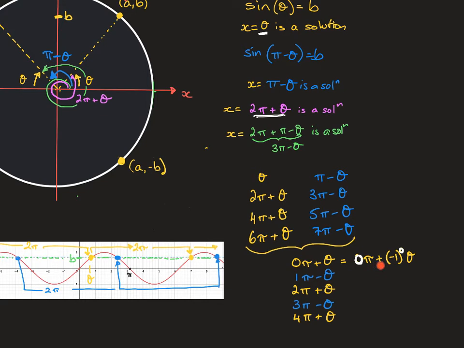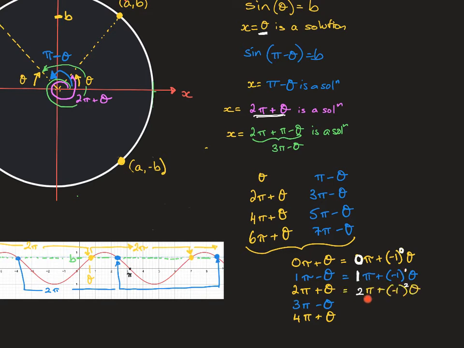So what I've essentially got here is plus 1 theta or plus theta, which is what I've got here. Now I'm going to do the same with 1. So 1 times pi, the minus 1 is now raised to the power of 1, which gives us a negative 1 as a coefficient for theta, which provides us with this minus sign here. See where this is leading? Let's have a look at the next one with a 2 here and a 2 here.